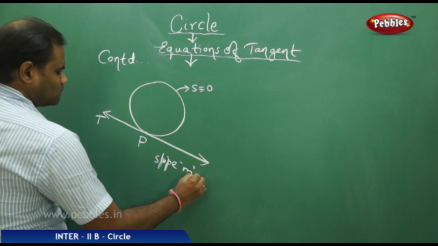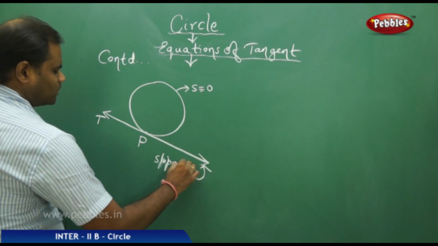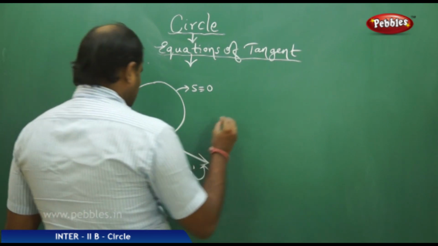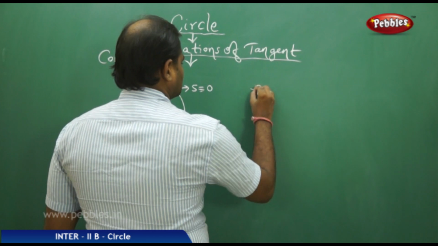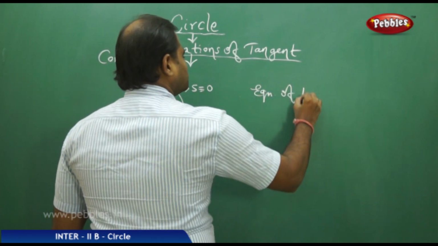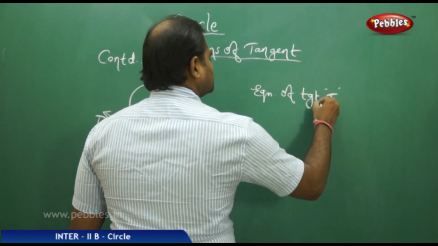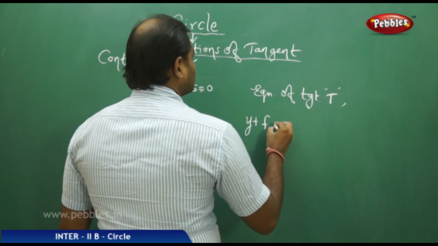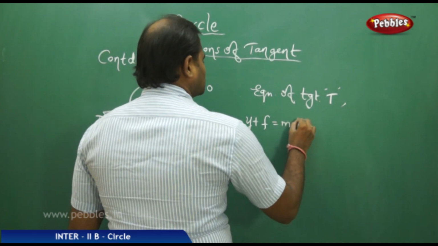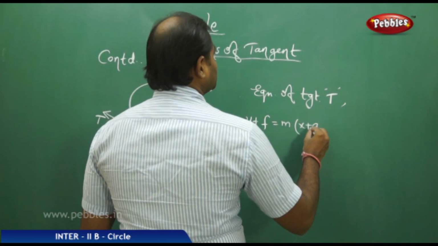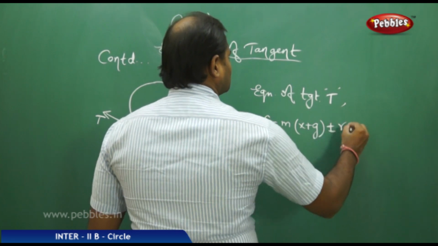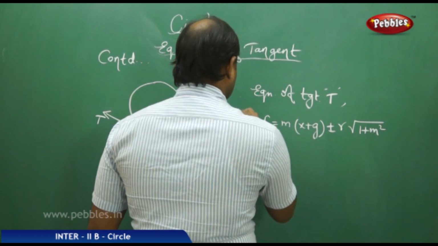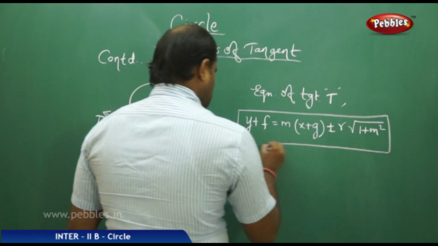Therefore, the equation of tangent t whose slope is m is given by y plus f is equal to m times x plus g, plus or minus r root 1 plus m square.